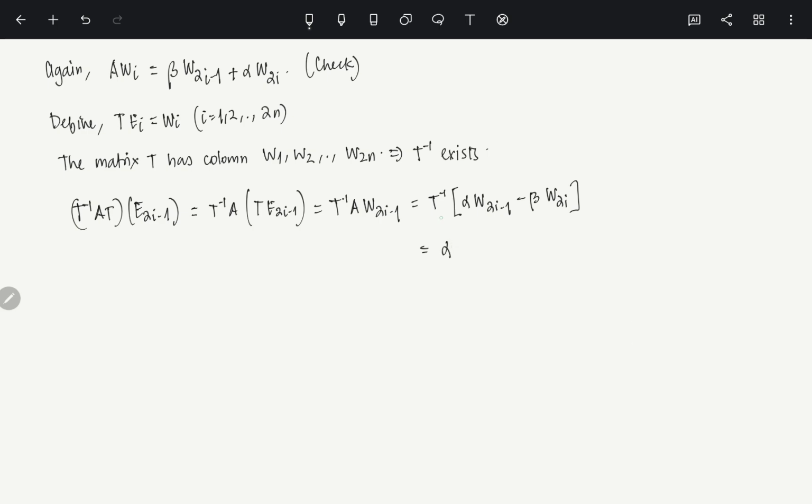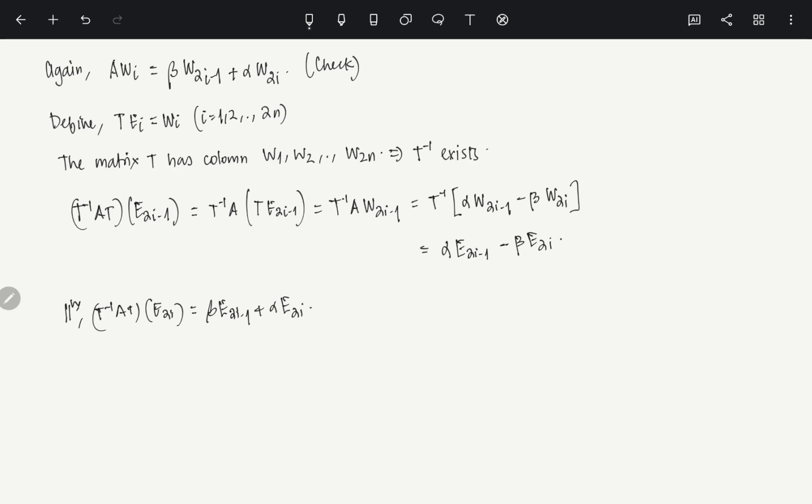This becomes alpha E_{2i-1} minus beta E_{2i}. Similarly, you can check that T inverse AT acting at E_{2i} is beta times E_{2i-1} plus alpha times E_{2i}.